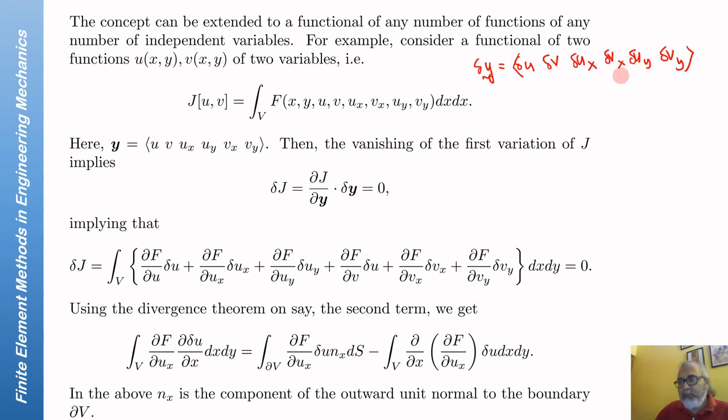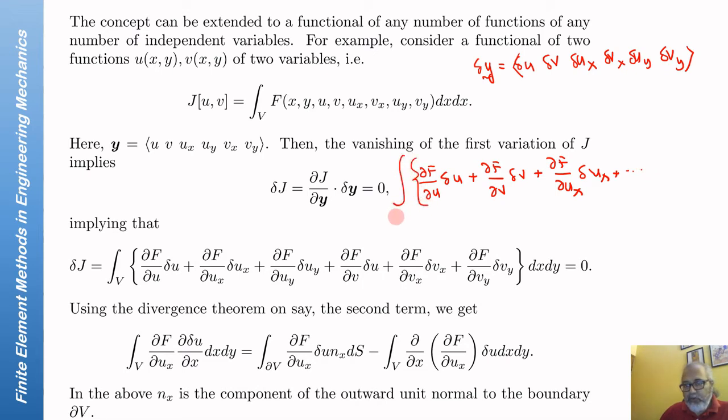Delta y are perturbations of these functions, the set of the perturbations of each of these functions, and therefore delta J in the direction delta y will be written as del f/del u delta u plus del f/del v delta v plus del f/del ux delta ux, and so on, integrated over the volume. This is how you will write delta J, and we will set that equal to 0.